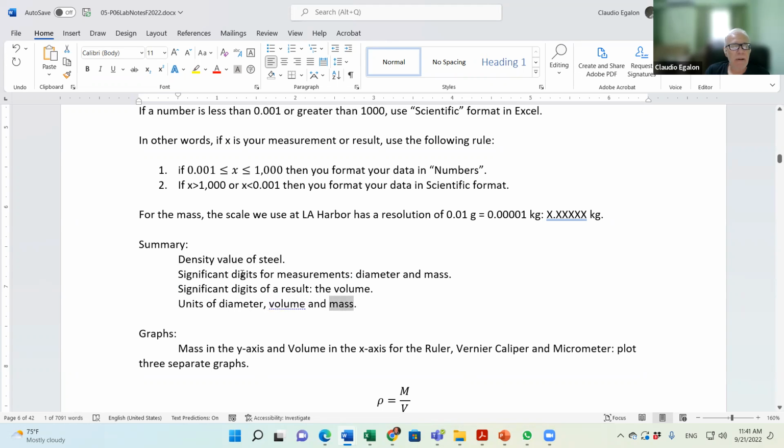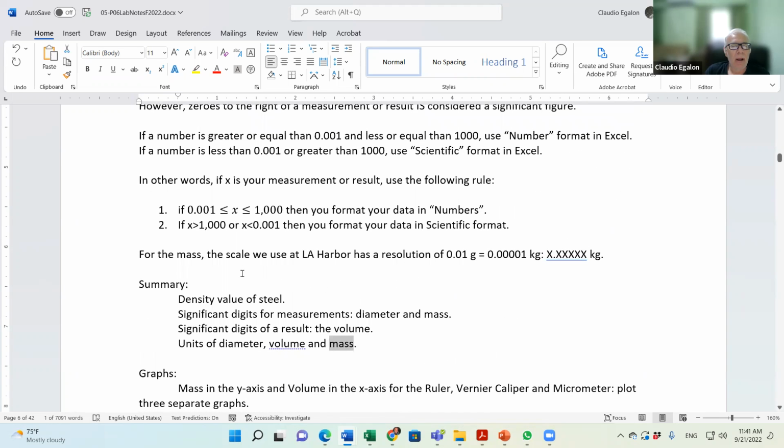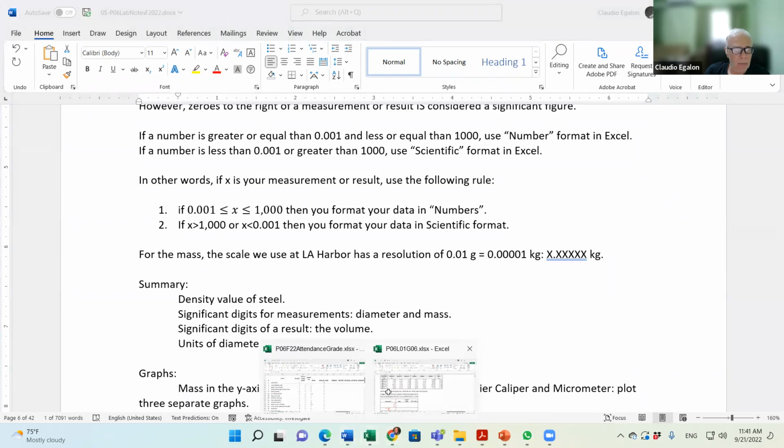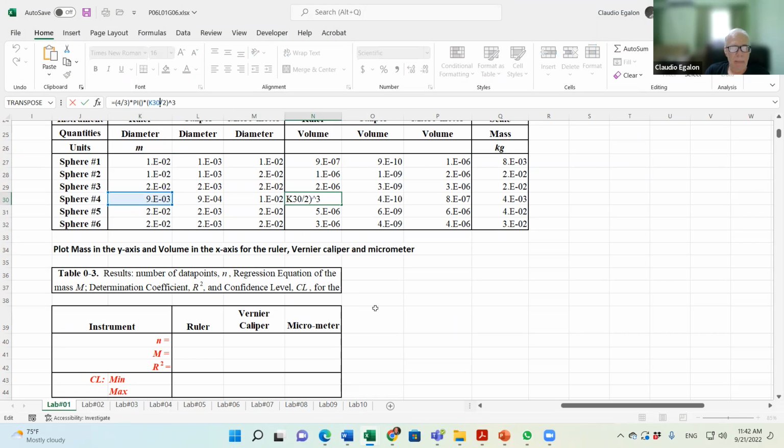Now, doing dimensional analysis like we covered before, what's going to be the unit for the volume? Everything is being reported in meters for the diameter. When we calculate the volume here, you have to cube the diameter.